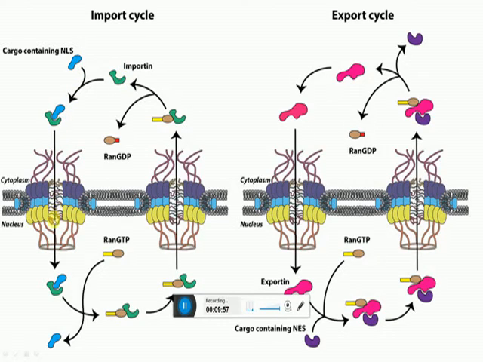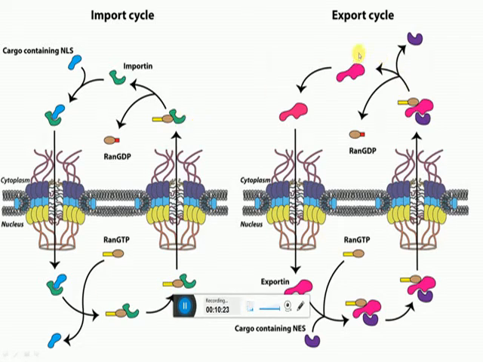Then this importin moves through the nuclear pore complex. These are the annuli of the nuclear pore complex. There are also conformational changes, and this complex comes into it. Then due to RAN GDP, there are again conformational changes which release the importin. Then RAN GDP binds with the importin. That importin is again ready for the next cycle.